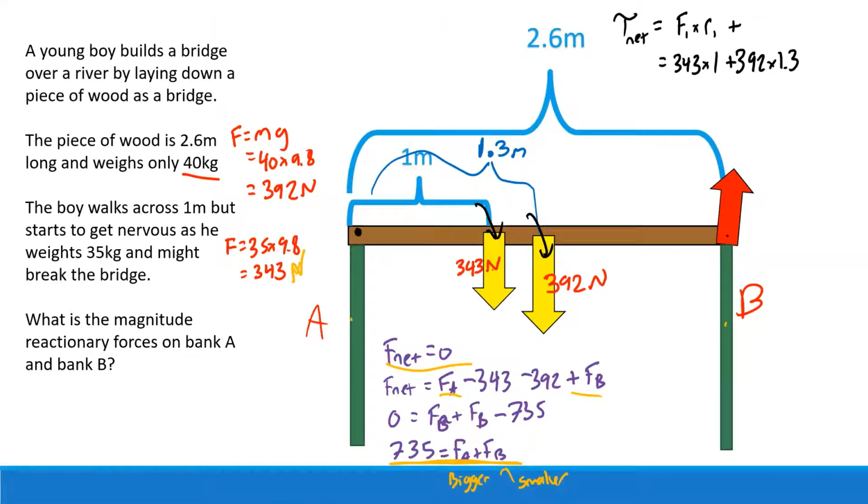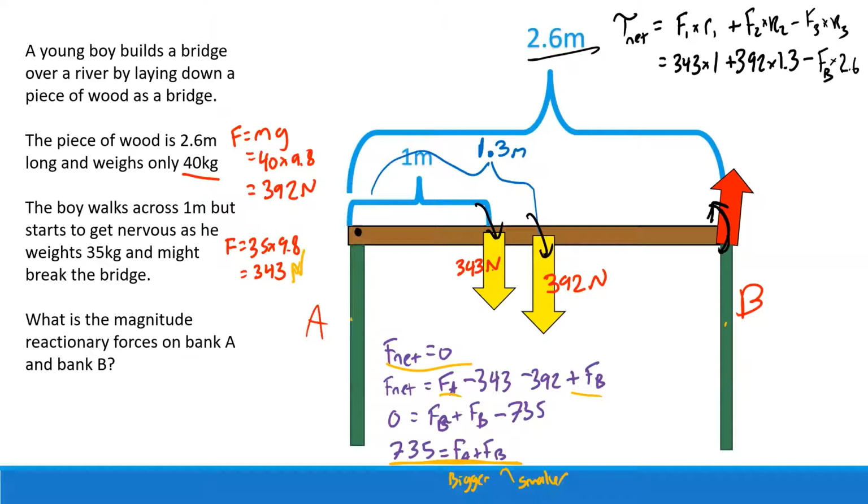The last torque is this force, which is anti-clockwise. So that's going to go up and around in an anti-clockwise direction. And because it's in the opposite direction, we're going to write negative. So it's plus F2 times R2 minus F3 times R3, which is going to be minus whatever FB is, we don't know what the force of B is, times, well, this is a 2.6 meter long bridge, so we're going to multiply it by 2.6.